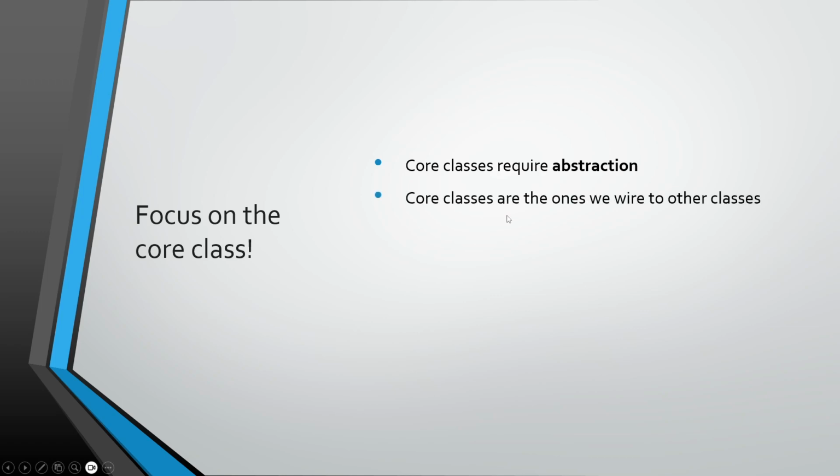So, core classes are the ones we wire to other classes. Code architecture increases as abstraction increases. So, the more virtual functions that you have, that's when you start knowing when to have things be public or maybe protected or private. We don't want naman everything to be shown sa child classes.